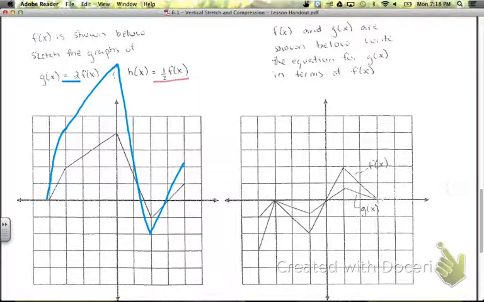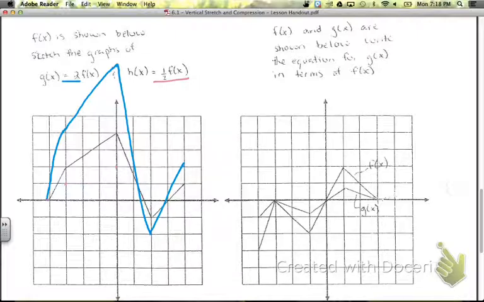This point here at (-3, 2), multiply the 2 by a half, so now it's going to become (-3, 1). This point here that's at (0, 4) is now going to become (0, 2). The point here at (2, -1) is now going to become (2, -1/2). And our point here at 1 is going to become a half.